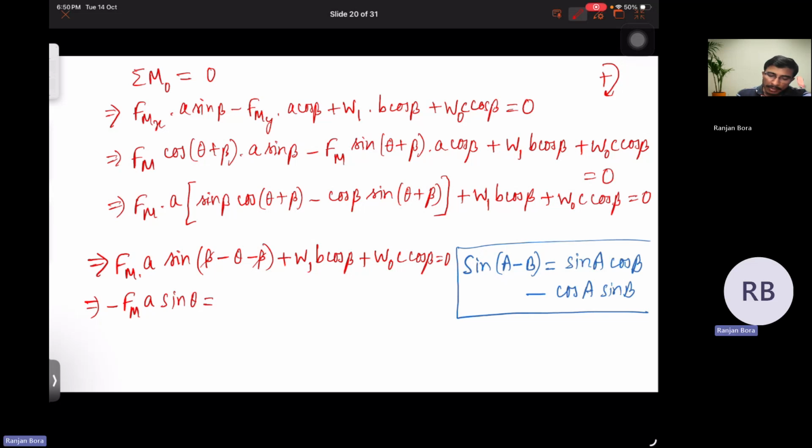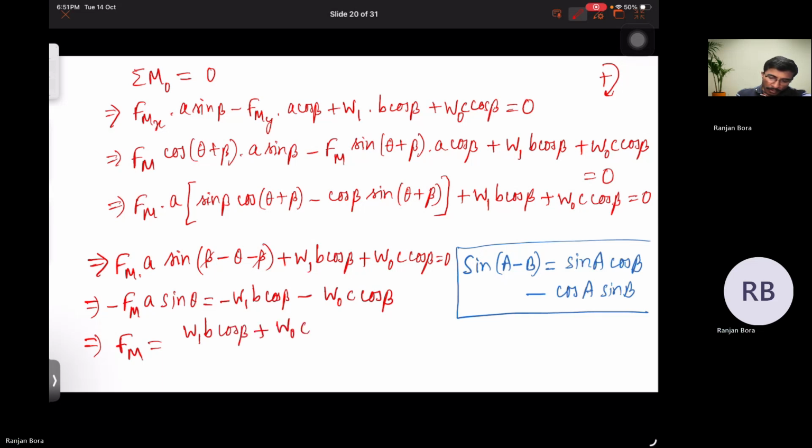We'll take this to the right side: minus W1 B cos beta minus W0 C cos beta. So from here we get Fm equals (W1 B cos beta plus W0 C cos beta) divided by A sin theta.